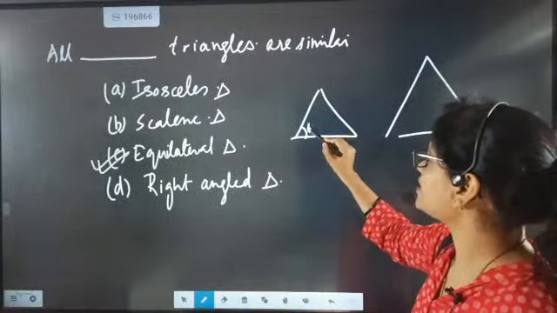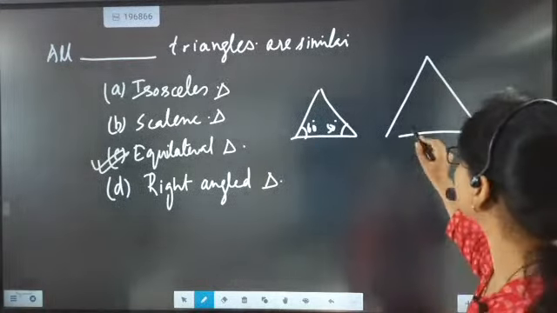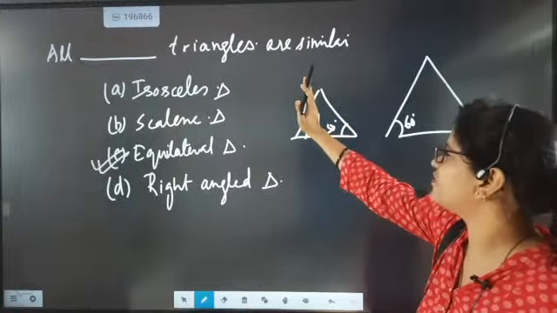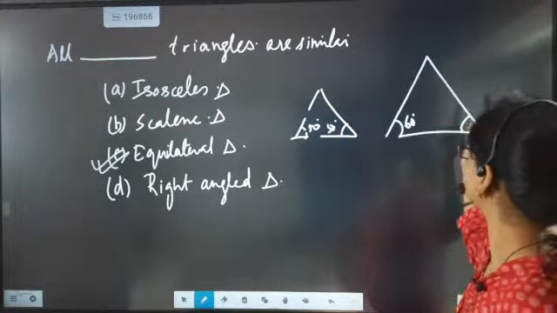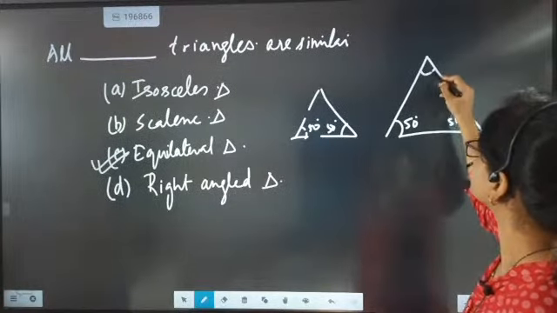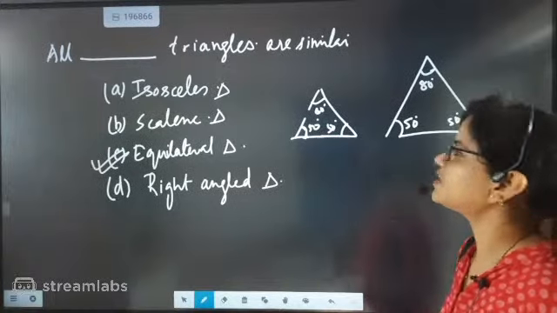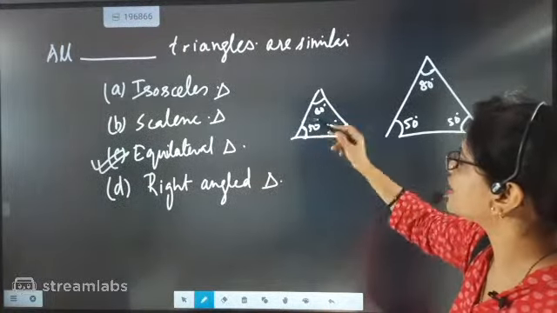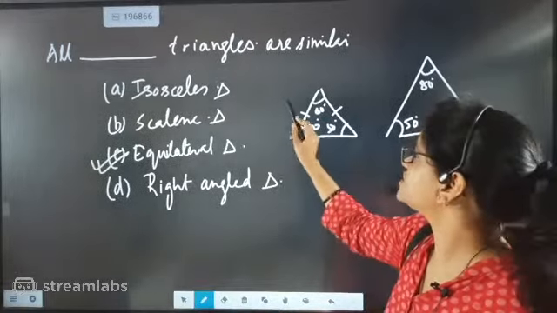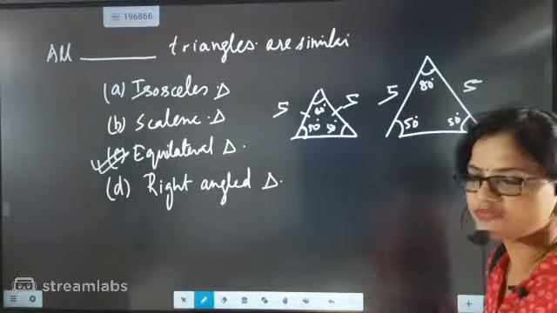This angle is 50 degrees and this angle is also 50 degrees, so two angles make 50-50, and this angle is 80 degrees. So if this side is 5 centimeters, this side is 5 centimeters.